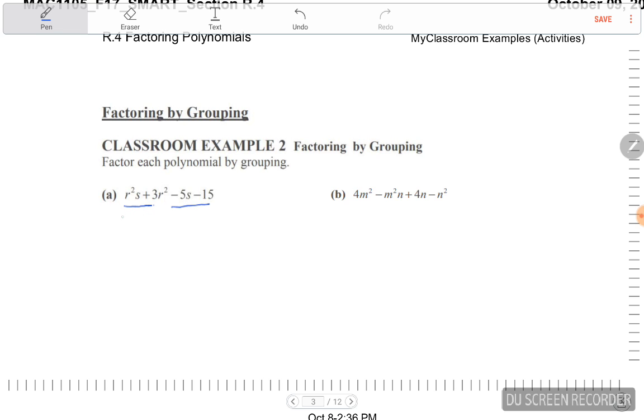So for instance, the S is common here and here, but not in the other 2. The R is common here and here, but not in the other 2. The 5 is common over here, but not in the other 2, and so on. So looking at these as groups, or rather, I could even do it like this.